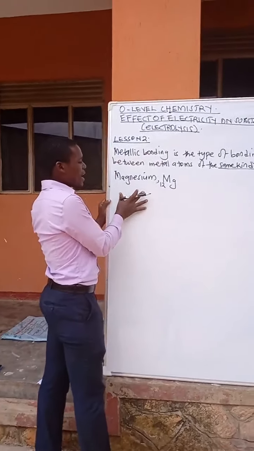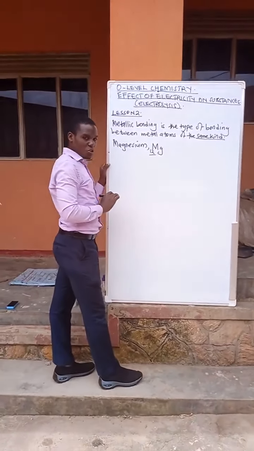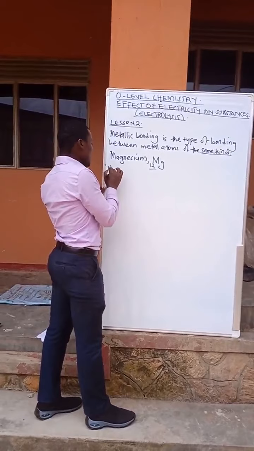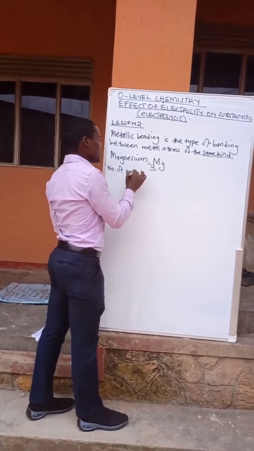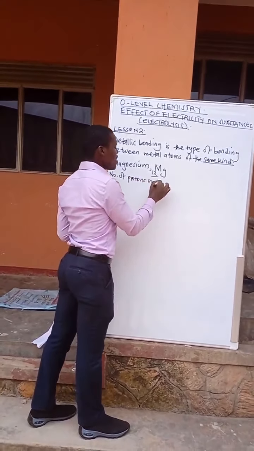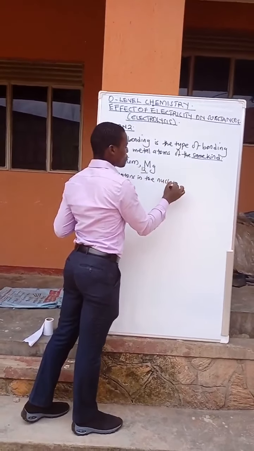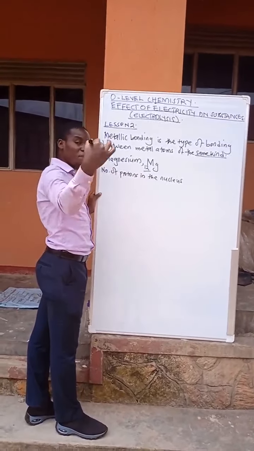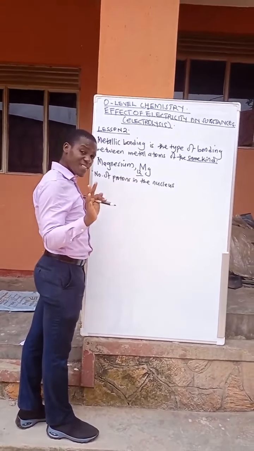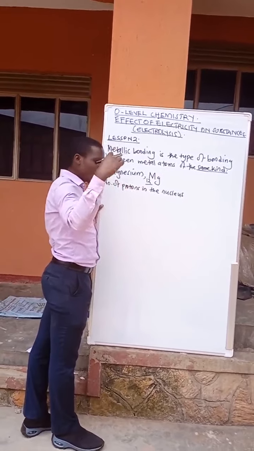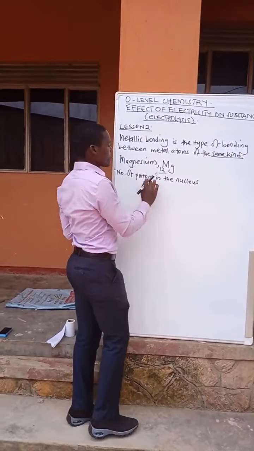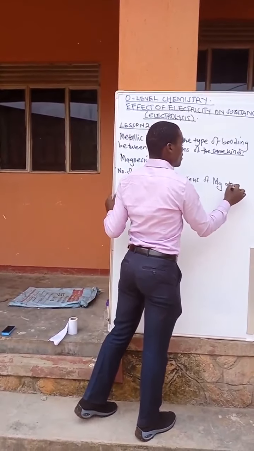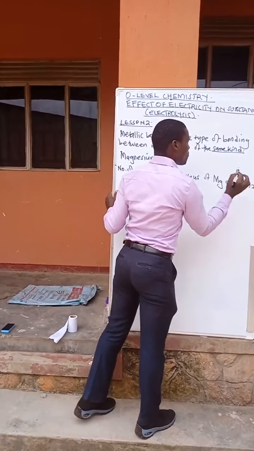Alright? So now, magnesium has atomic number 12. Okay? Yes. So that means that the number of protons in the nucleus, because you must know that the protons and the neutrons are found in the nucleus of an atom. Yes, the protons and the neutrons are found in the nucleus. So now, the number of protons in the nucleus of the magnesium atom is 12.